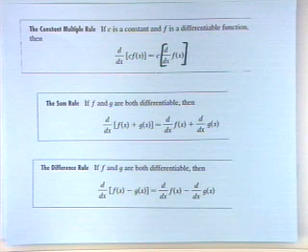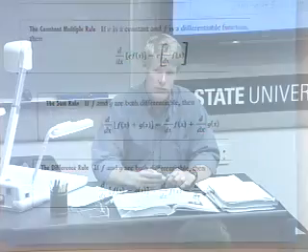The proofs of the next two are in your book. The derivative of a sum and the derivative of a difference. They are what we would like for them to be. We would like for the derivative of a sum to be the sum of the derivatives. It is. And that can be proved, and it is proved. That's probably even simpler than the proof I just wrote out, so I'm not going to write that out for you.